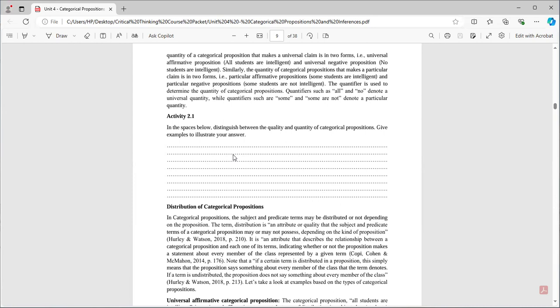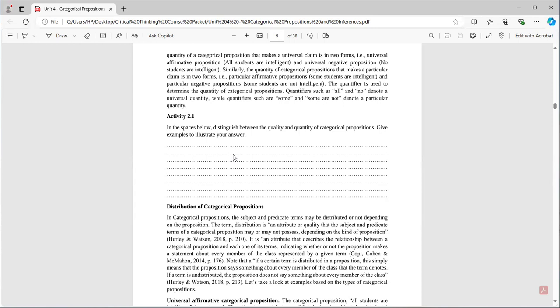So any attribute that helps us to know whether all members of the subject class are included or excluded from the predicate class, or all members of the predicate class are included or excluded from the subject class, any attribute, any sign that helps us to know this is called distribution.